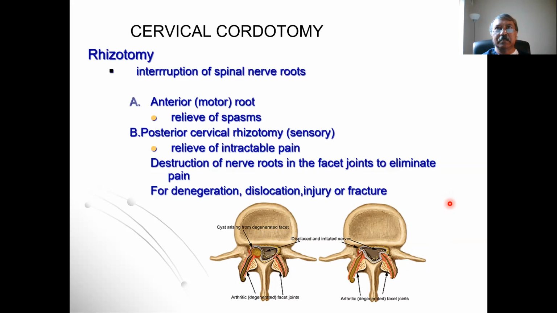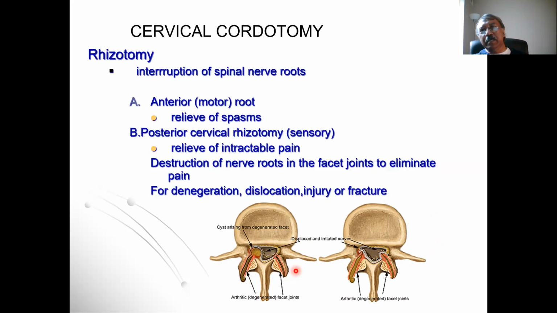Rhizotomy is just a resection of this area so that the nerve roots in that joint structure are not going to inflict any more pain. So you can see on the picture here on the left how a simple cyst-like structure is causing compression on the nerve root that is emerging out of there.